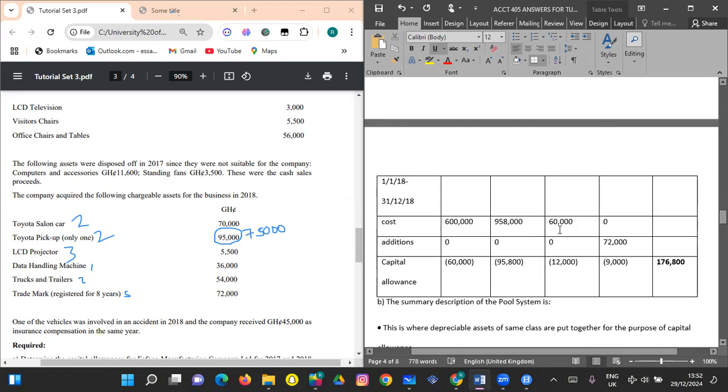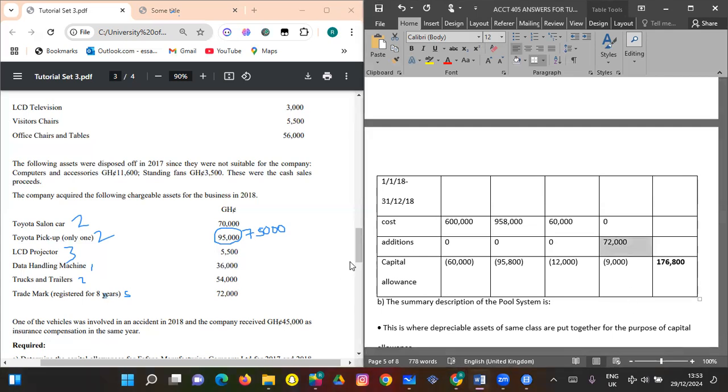Then this one is still based on the useful life. We acquired a trademark for 72,000, and it will last for 8 years. So 72,000 divided by 8 is going to give us 9,000. That's what we are having here.